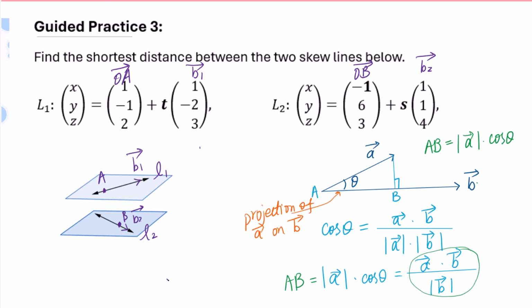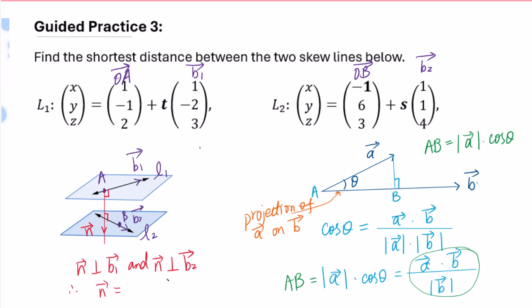Let's draw a normal vector from A. This normal vector, vector n, is perpendicular to vector B1 and also perpendicular to vector B2.